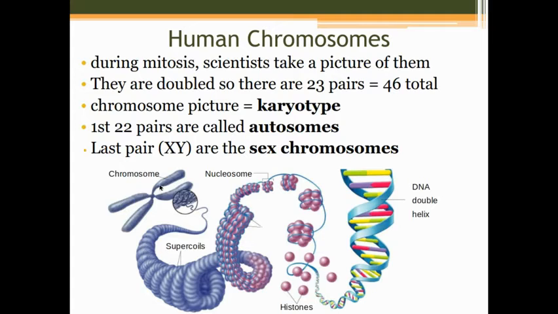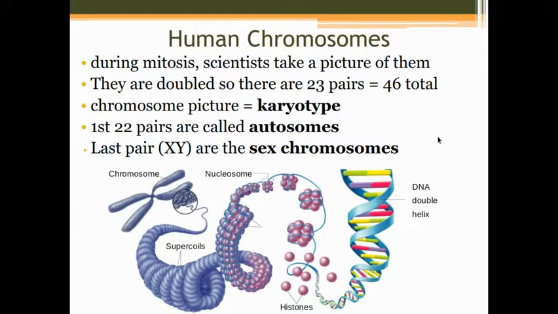So you've got two copies of the same DNA. Right? You have an original and its copy coiled and connected right at the centromere. Right? There are 22 autosomes, and the last pair are known as your sex chromosomes because they're integral in the development of sexual characteristics.